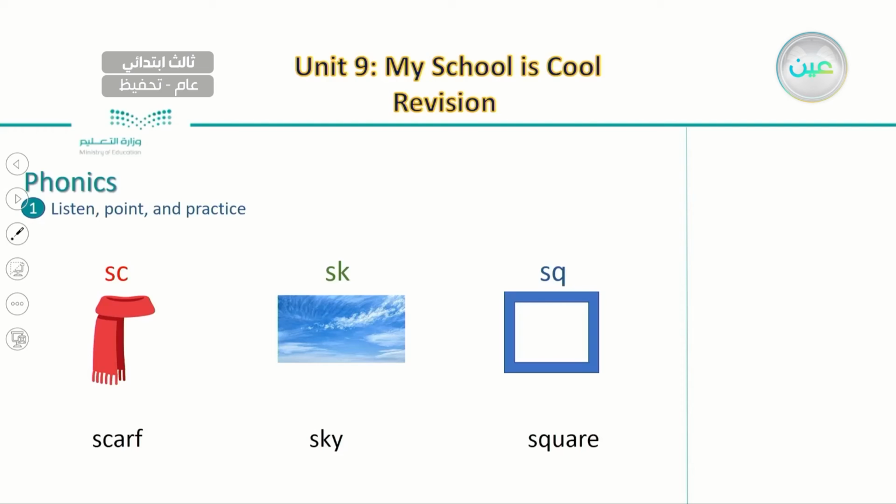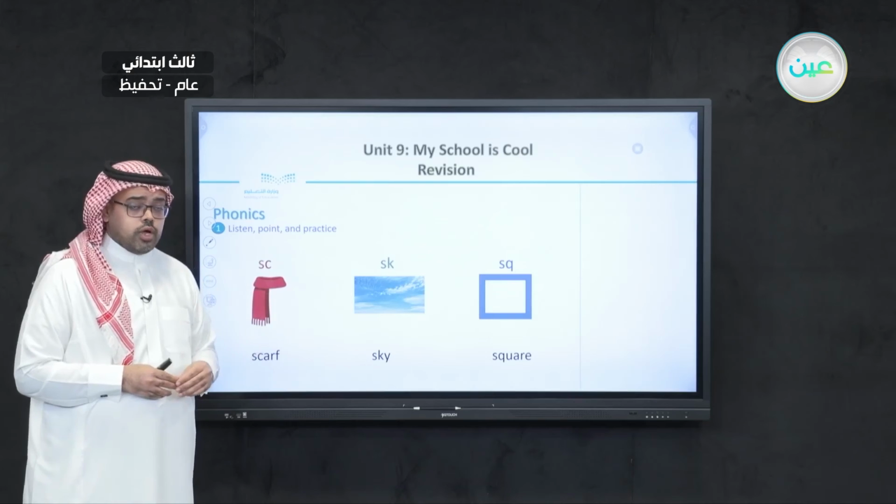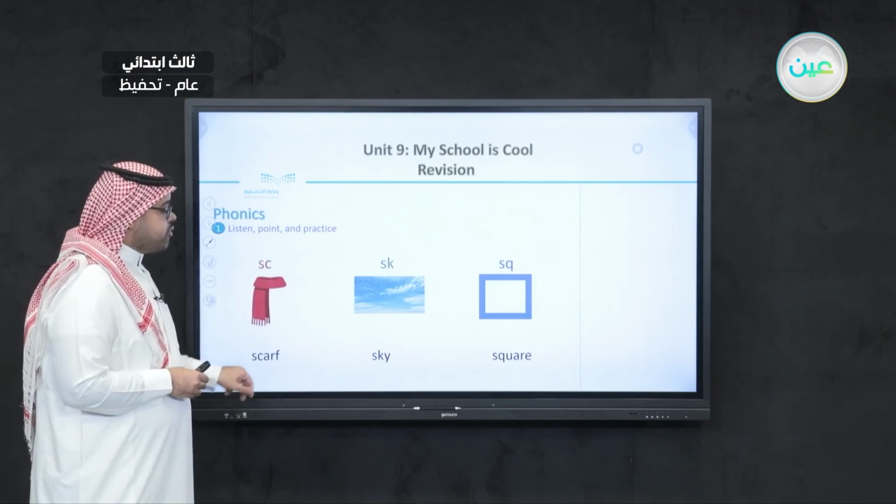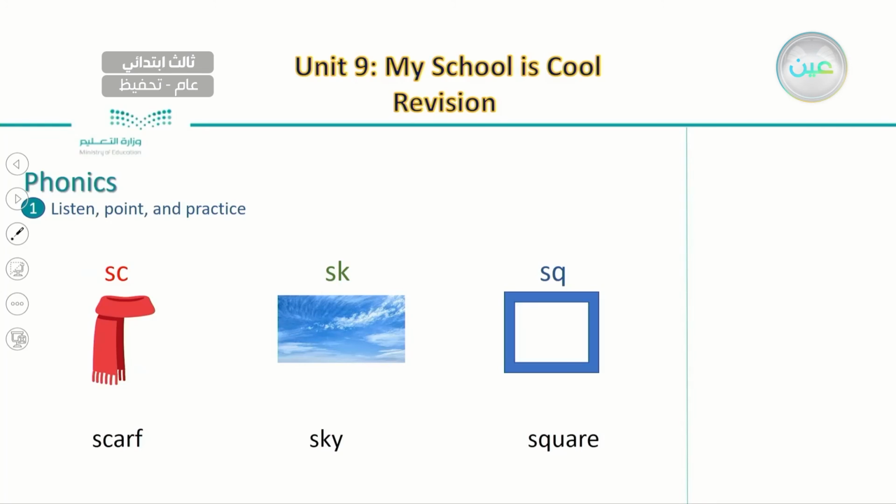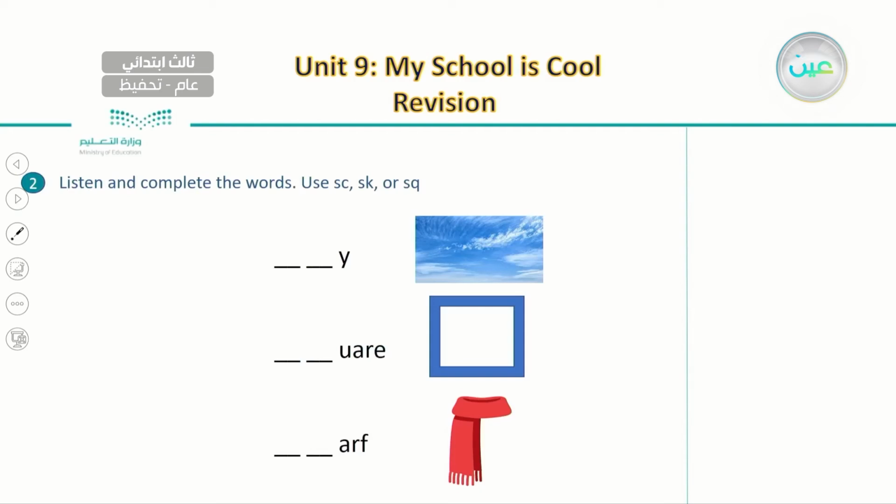So the first thing we did with this lesson is that we learned different words that start with SC, SK, and SQ, so we can know the differences. And these words were scarf, sky, square. As you can see here, sky, square, scarf.